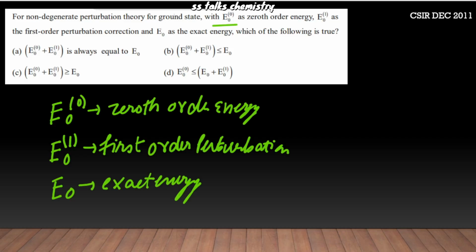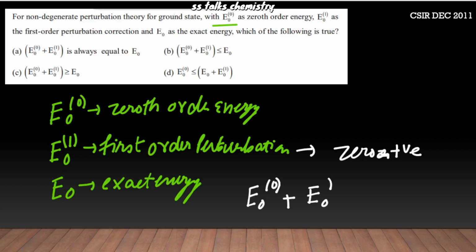We know that the first order perturbation value that you get is either equal to 0, or this value is positive. It is never going to be negative, right? So that means if in the zeroth order energy I'm adding this correction, which is the first order perturbation E01, either it is equal to 0, or it is going to be greater than that.